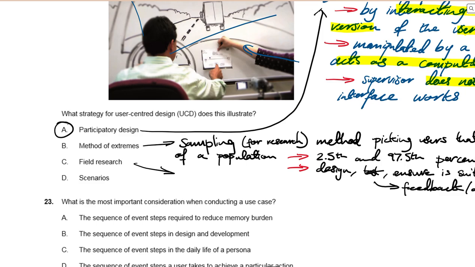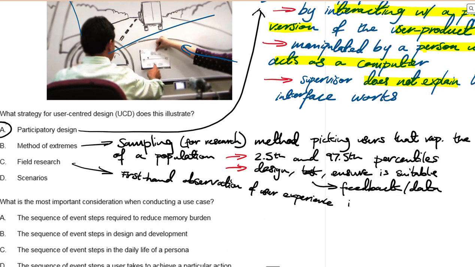So field research is our first-hand observation of a user who's carrying out a certain task, of user experience in their environment, in their user environment, and doing their intended task that we're trying to improve when we're designing a product.